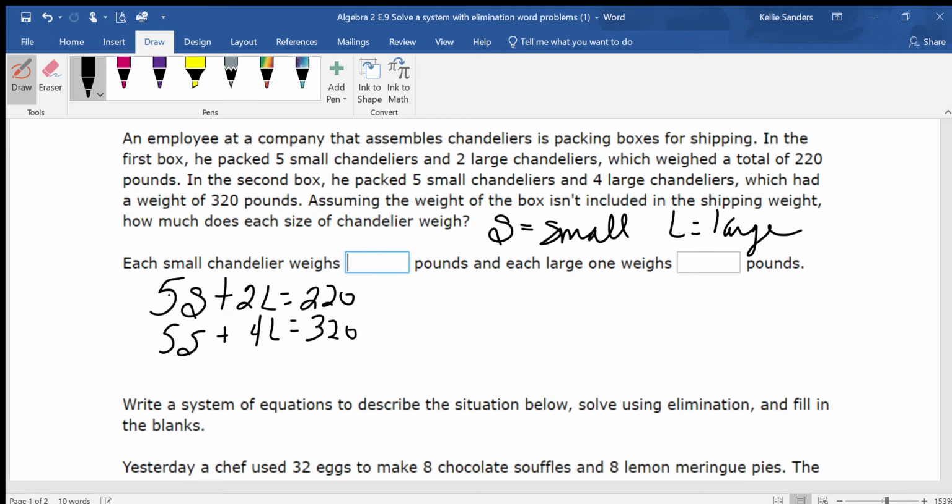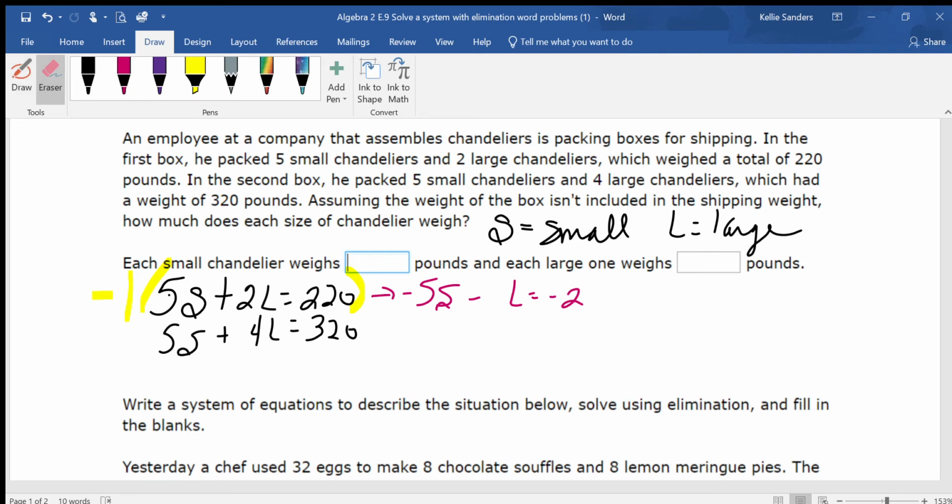Again, we want to eliminate. So I'm going to multiply this top one by -1. Why would I do the top by -1? To make the 5 a -5 to be able to cancel with the bottom one. So -5S minus 2L equals negative 220.